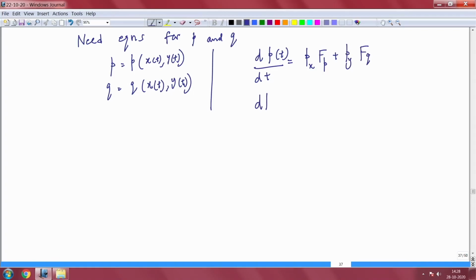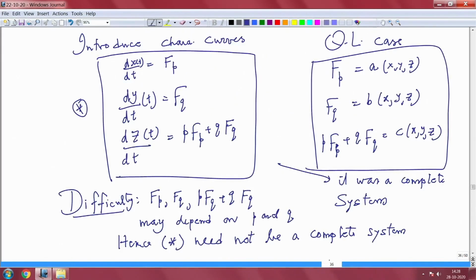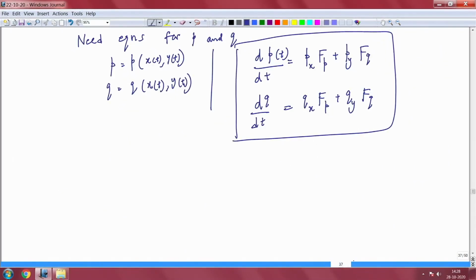Similarly, dq by dt is equal to q_x f_p plus q_y f_q. So, you have now two more equations. Earlier you already got three equations, dx by dt, dy by dt, dz by dt. Together with these, now you have 5 equations.